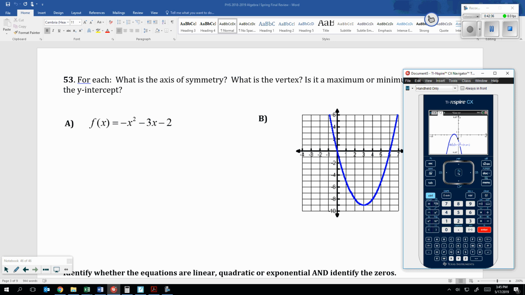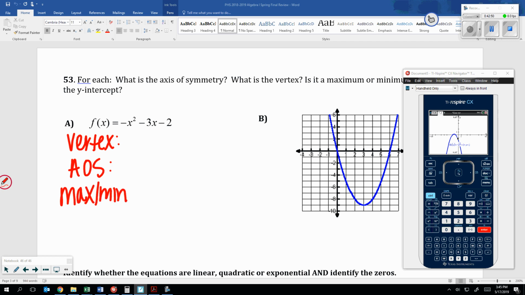And so we're going to have to find the vertex, the axis of symmetry, whether it's a maximum or a minimum, and the y-intercept. Okay, the y-intercept's easy.